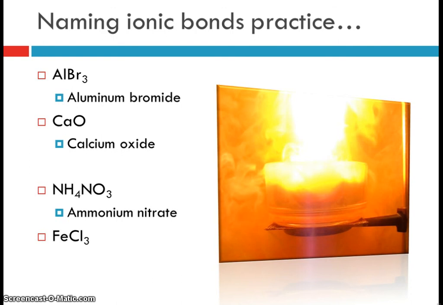Fe is iron, Cl3 is chlorine, drop the ending, put IDE, and that 3 in the subscript of the chlorine would actually be the charge of the iron, because you're working backwards from your crisscross, and so it becomes iron 3 chloride.